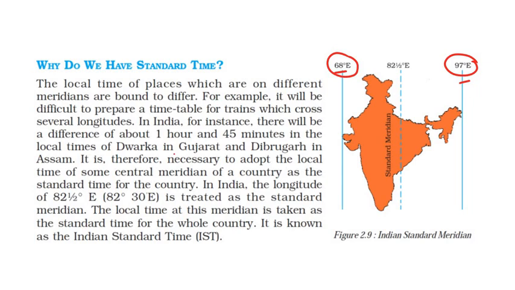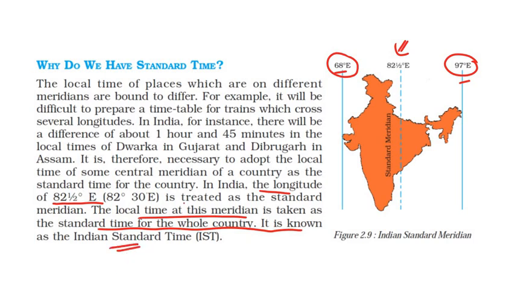What we have done is take the longitude at 82.5 degrees east, this one over here, as the standard meridian of our country. So the local time at this meridian is taken as the standard time for the whole country and not just a part of it. And this is known as your Indian Standard Time.